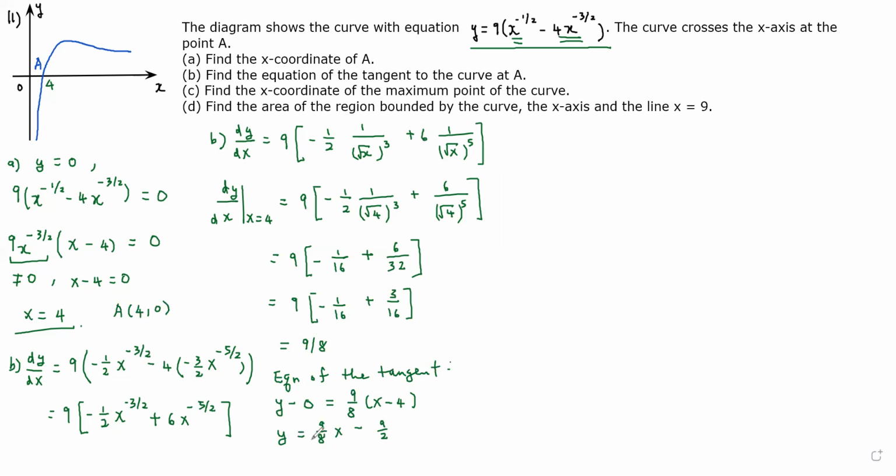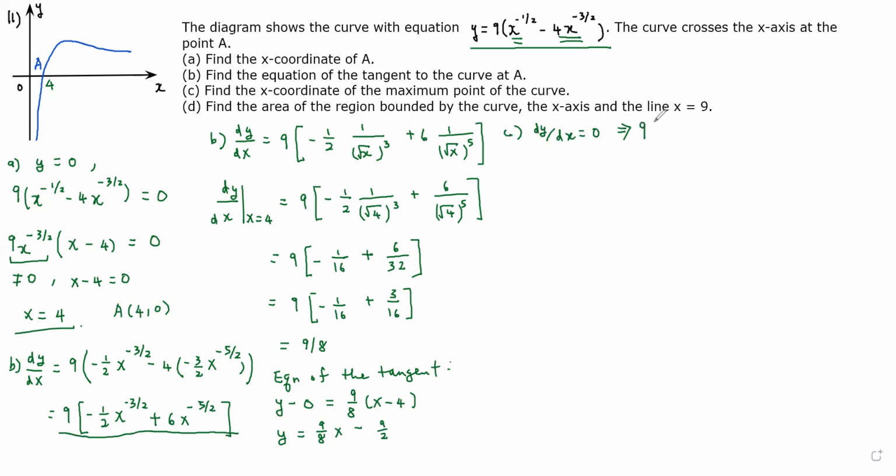Part C, we need to find the x-coordinate of the maximum point of the curve. Maximum occurs when dy dx is 0. So when dy dx is 0, we just use this part here.